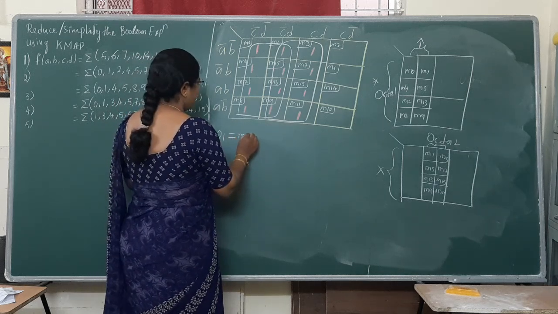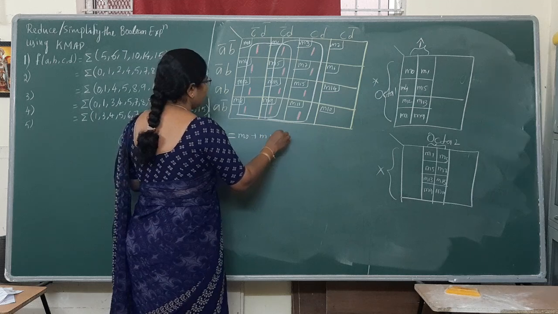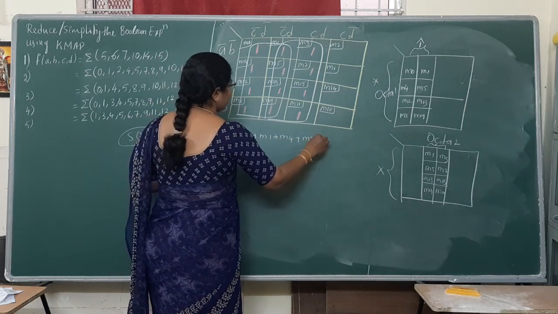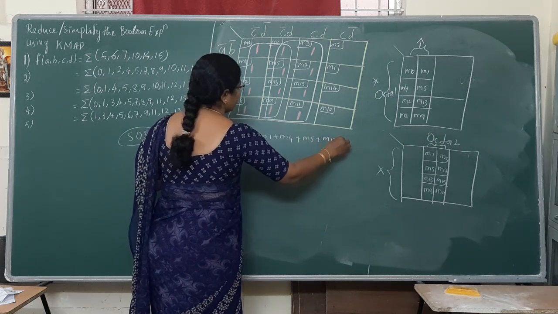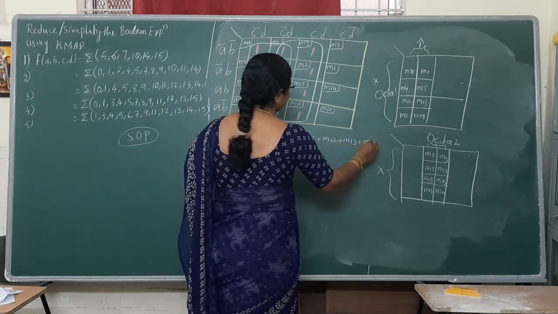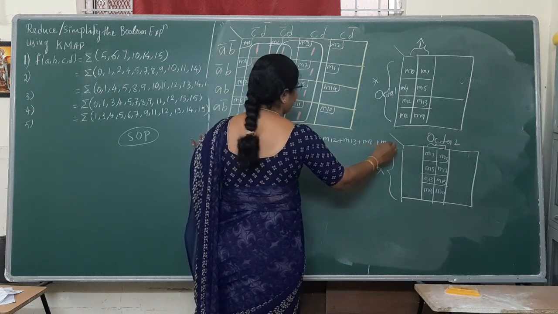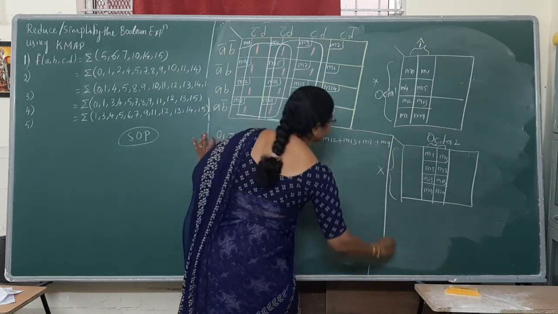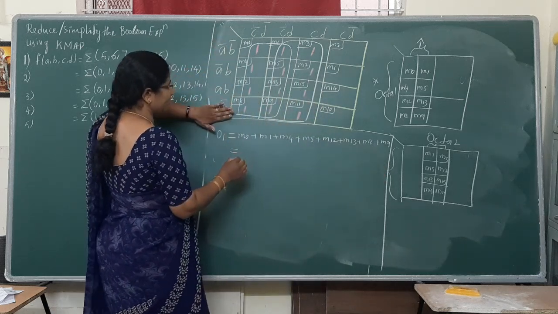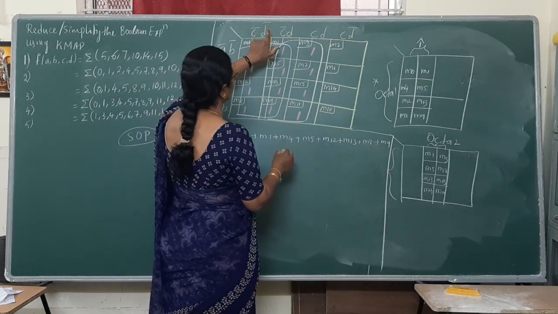Octa 1 is M0, M1, M4, M5, M12, M13, M8 and M9. All row labels get cancelled among these two.